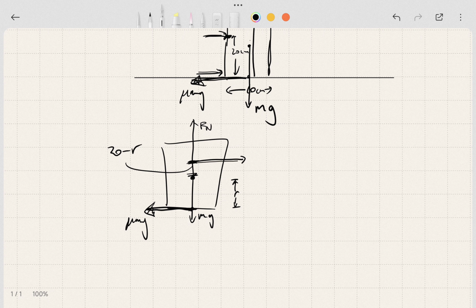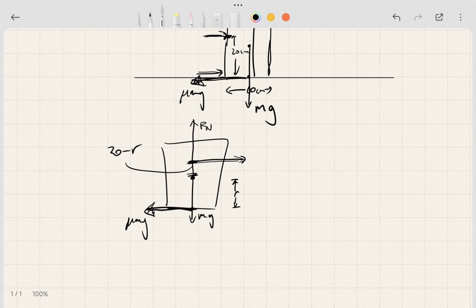Okay, there is another thing that we have to clarify. Is this force above or below the center of mass? That is a question. Is it above or below center of mass? Because we would have entirely different expressions. So let me think. Is it above or below the center of mass?